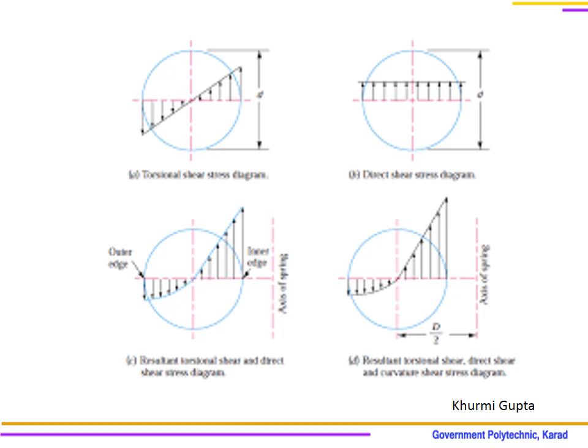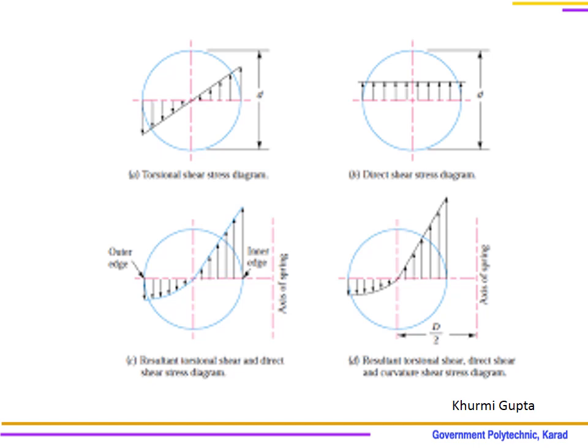So if we imagine the spring, we will come to know that the inside surface of a spring has less radius of curvature. The outside surface has considerably more radius of curvature. So we can find that at the inside that effect is slightly more as compared to the outside surface of a spring. So the fourth diagram here indicates that the effect of curvature has been added.